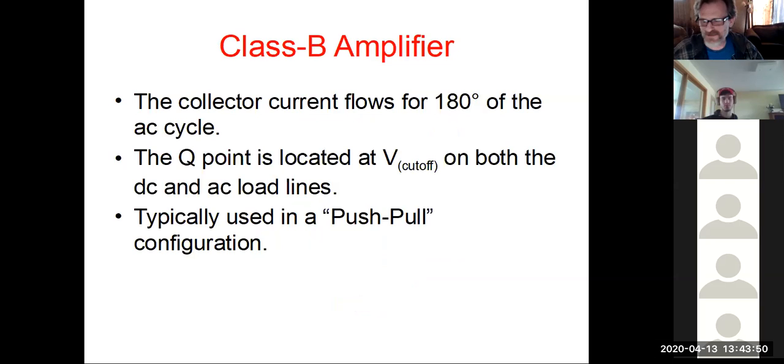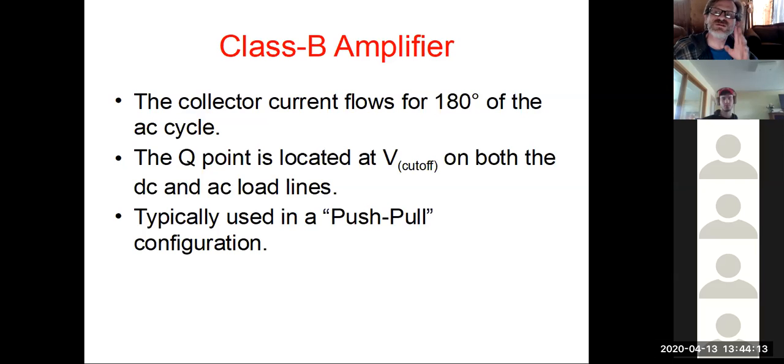So now this guy's a little different. Class Bs are weird, I'm not going to lie. They have an odd configuration, and over 90% of all Class Bs are in what they call a push-pull configuration.